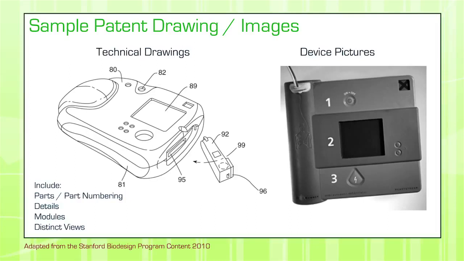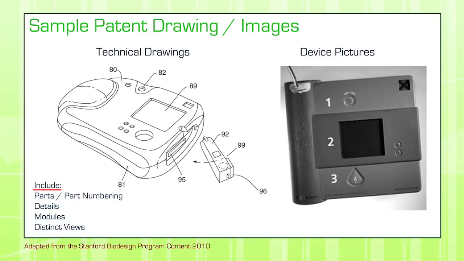But those drawings include all the parts and part numbering of the key features of your device. So if your device has a screen and a button, or a multiplicity of buttons, or a casing, or specific features that you know are essential for your device to work, then the drawing must include them. It also includes details of small parts that are key to your device.